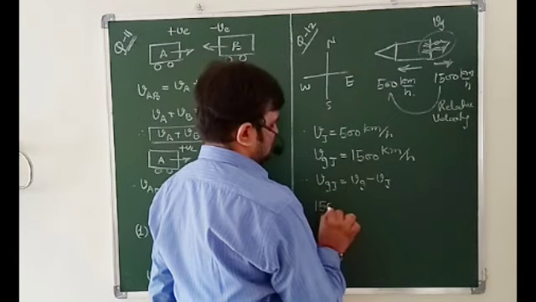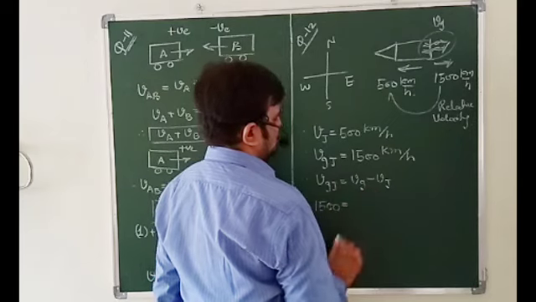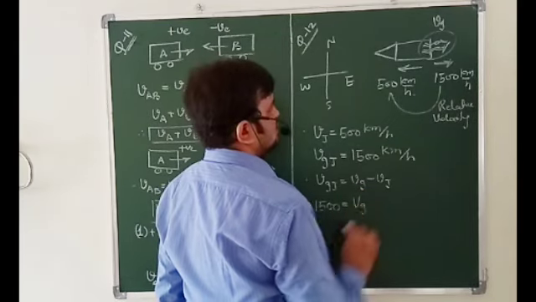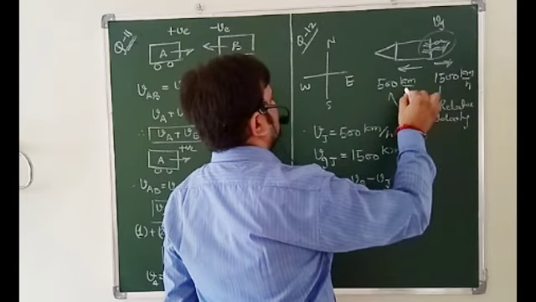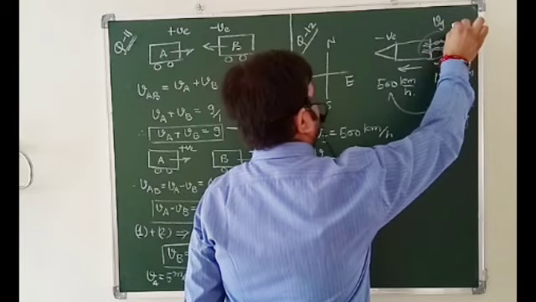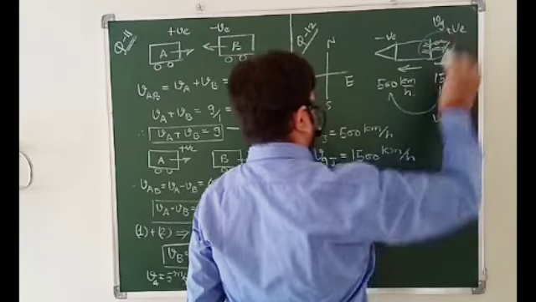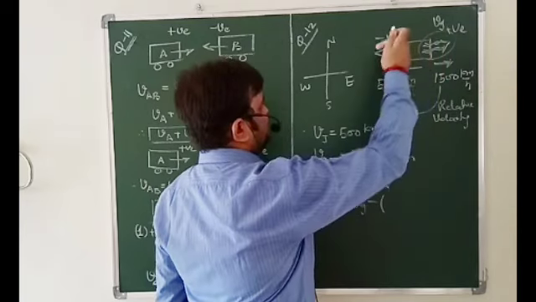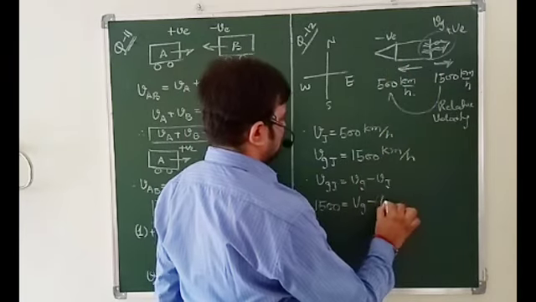That is 1500. Now the direction of the jet is in the negative direction, and the direction of the gas is in the positive direction. So minus Vj, the velocity of the jet, is 500 but negative.